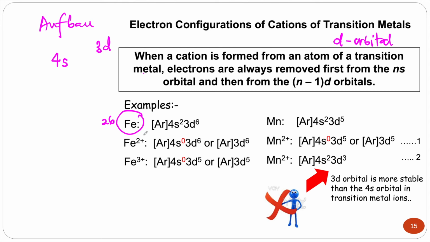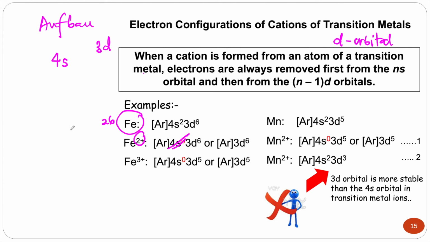So it will become Ar 4s0 3d6, or you can write it as Ar 3d6. So you need to remove these 2 electrons from the outermost orbital, which is 4s here. So it will give you Ar 3d6.